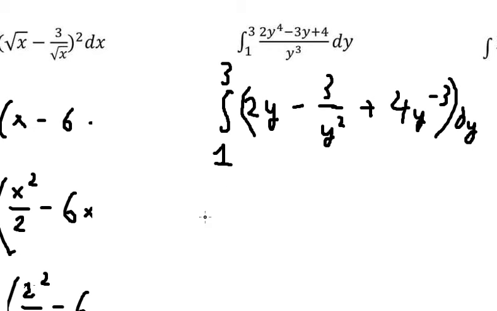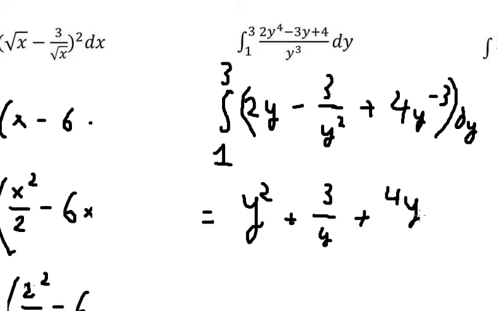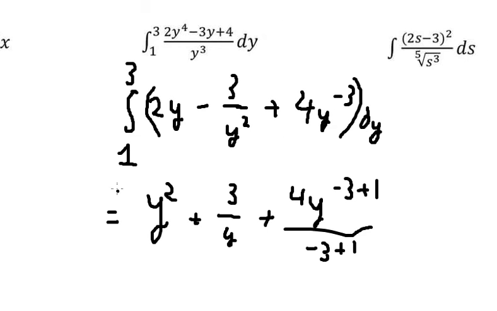And we got the final answer. Y to the power of 3, that should be about negative number y, negative number 3 plus 1 over negative number 3 plus 1. And we put the boundaries in here.